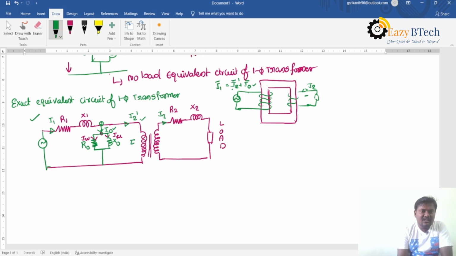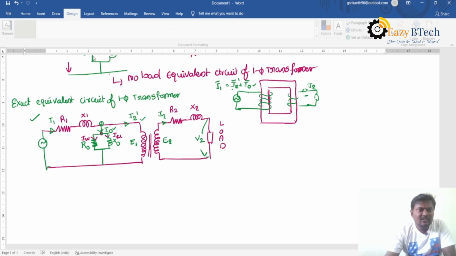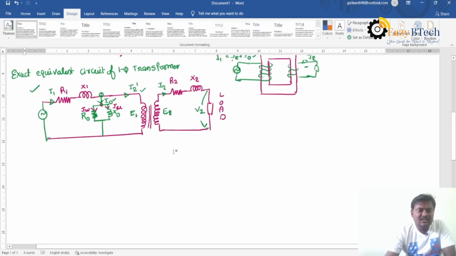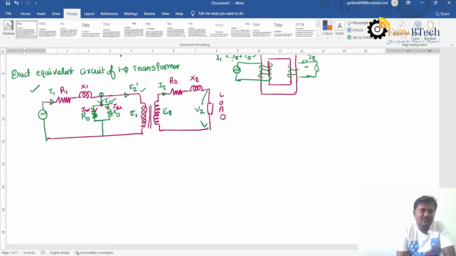The primary induced EMF is E1 and the secondary induced EMF is E2. The secondary terminal voltage is V2. Under unloaded condition, meaning no load conditions, this I2 value will be 0, and the reflected component is also 0.